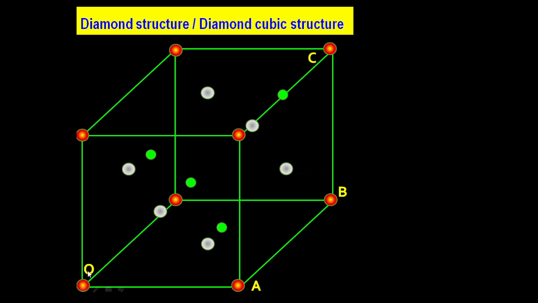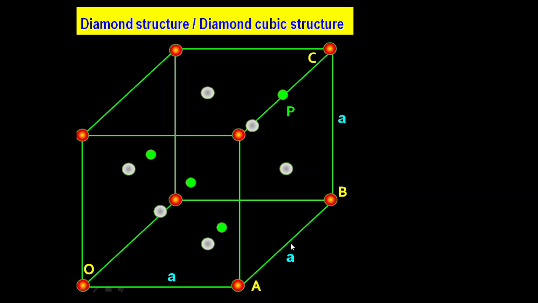Suppose this atom is O, then atoms A, B and C. I have labeled the positions of these atoms O, A, B and C, and this one is P. You know that the edge of the unit cell, or side of the diamond structure, is A, because all sides are equal in a cubic structure.